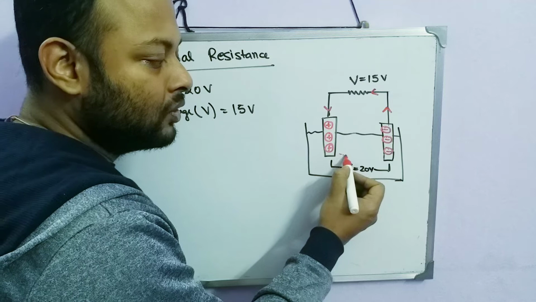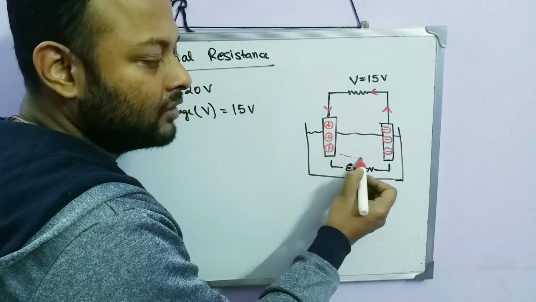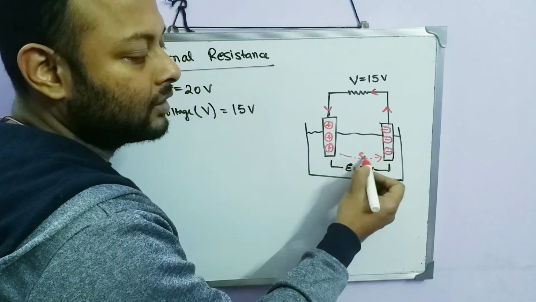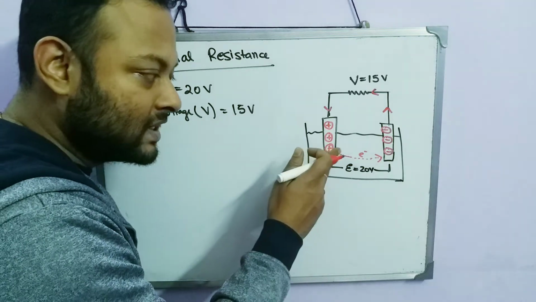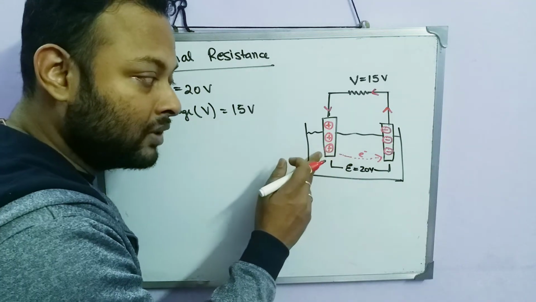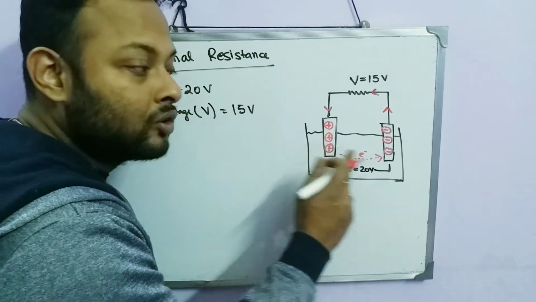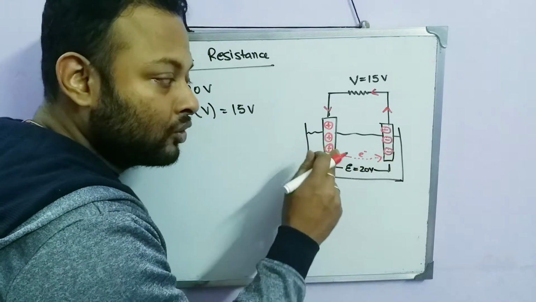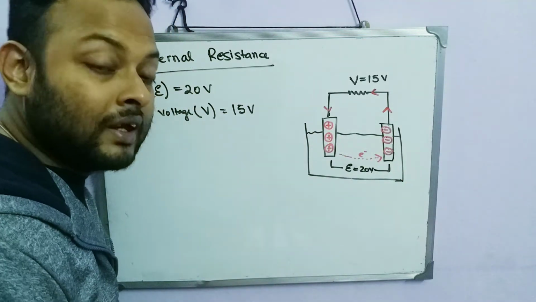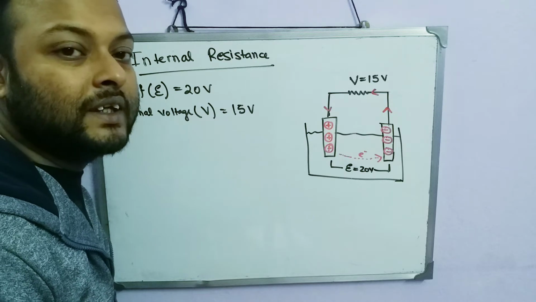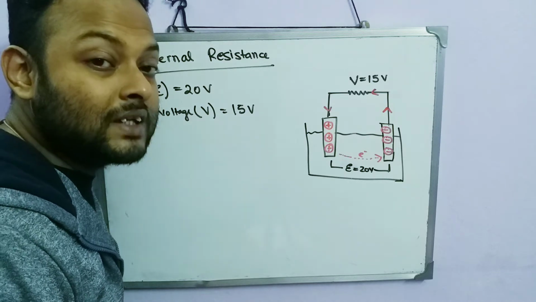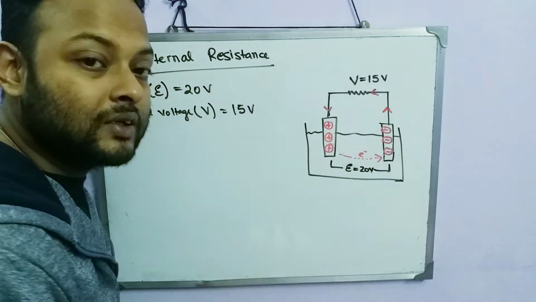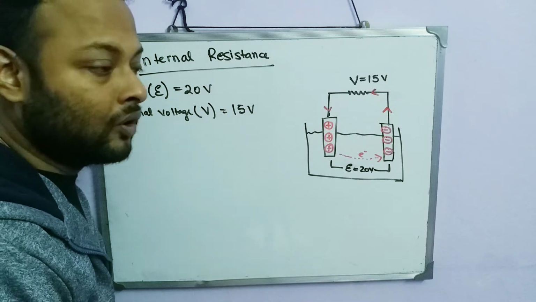The electron has to travel from the positive to the negative, right? Now, when the electron is traveling from the positive terminal to the negative terminal, the electrolyte itself will offer some obstruction to this flow of electron.